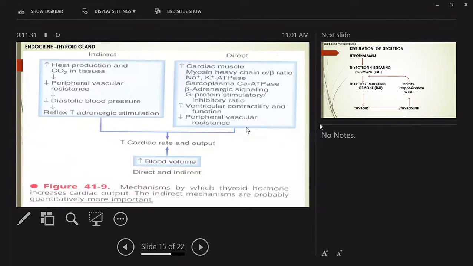Your beta adrenergic signaling is also increased, and your G protein stimulatory and inhibitory ratio is increased. And there is increased ventricular contractility and function. Thus, there is decrease in your peripheral vascular resistance. So the overall effect is increased cardiac rate and output and increased blood volume.